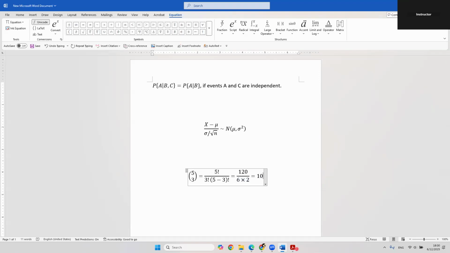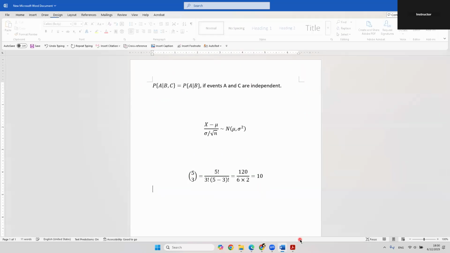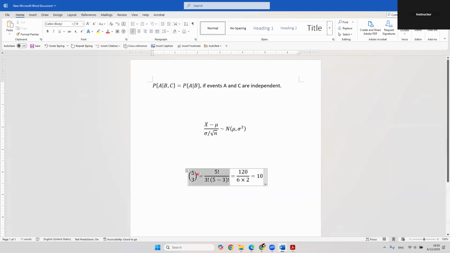And here, the difference is that instead of this, what I'm going to do is this. Suppose now it's 2, 2, 1, okay?